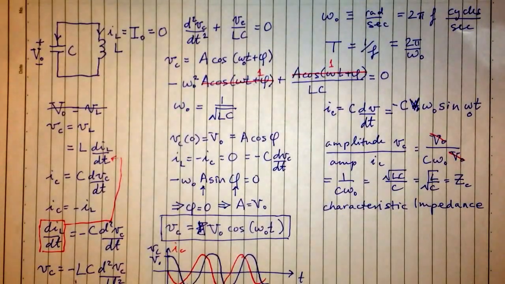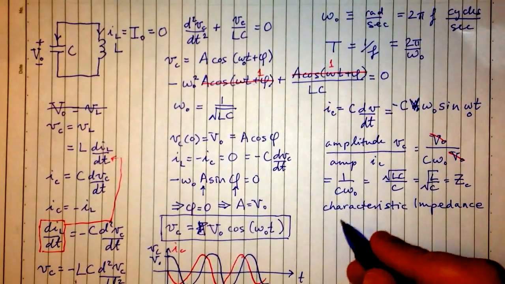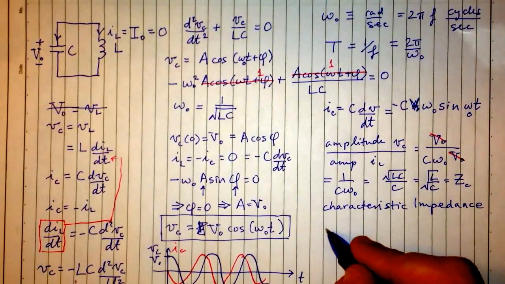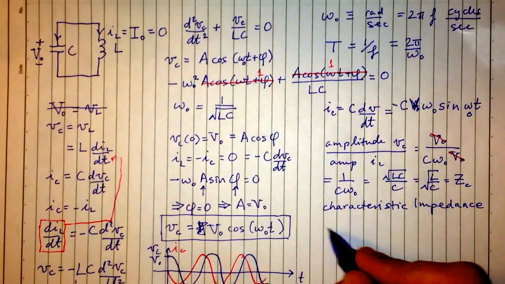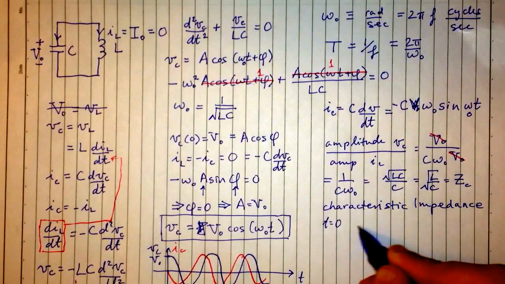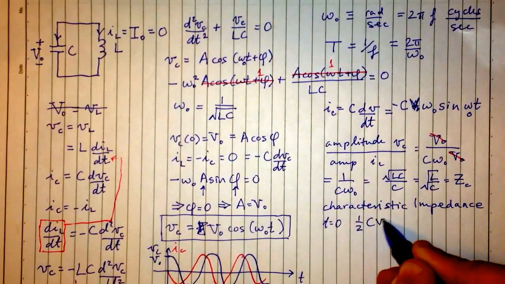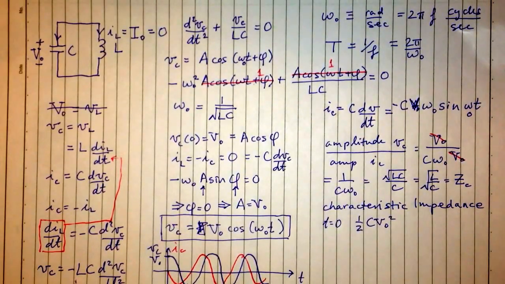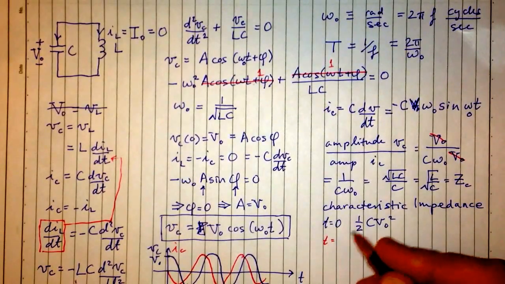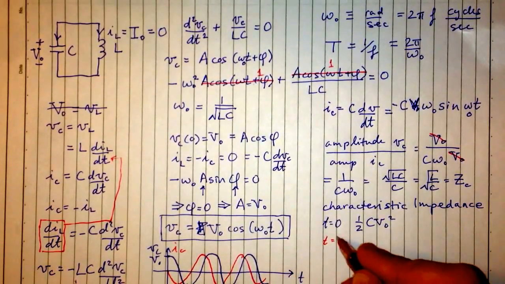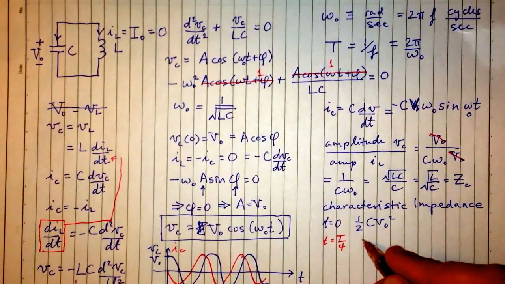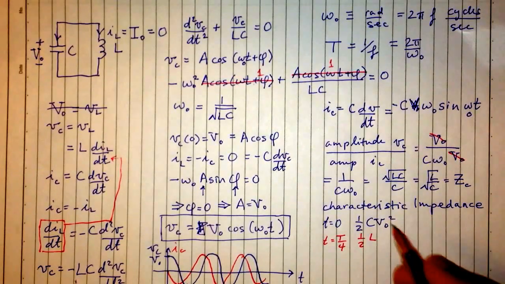Now, what is actually going on here that's causing this oscillation to occur? The way to think of it is in terms of energy. So initially in this circuit, right at time 0, we have energy 1/2 C V naught squared. At time equal to the period over 4, you have energy equal to 1/2 L IL max squared.